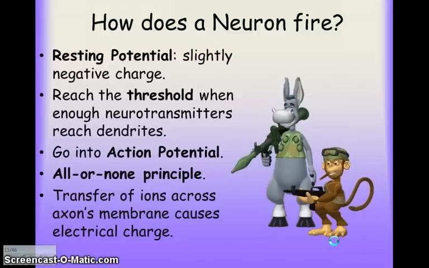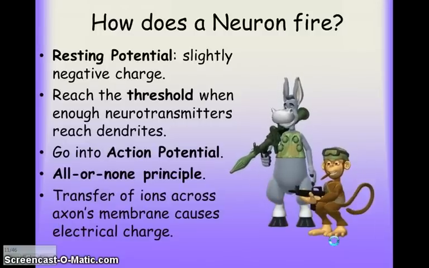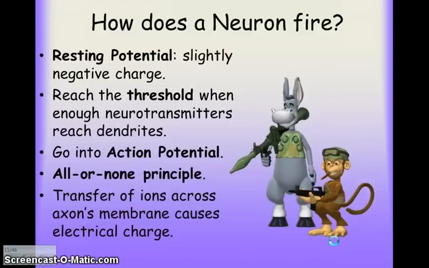Now, when we talk about neurons firing, we have to talk about what's called the all or none principle. And what that means is a neuron either fires or it doesn't fire. It's kind of like a gun. If you go to fire a gun, you can pull the trigger maybe just a fraction of the way back and it doesn't fire. You pull it a little further back, it still doesn't fire.